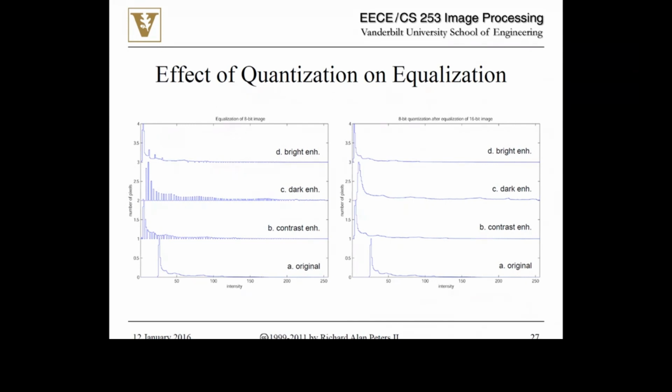So this image is smoother than this one, because there are no holes in the gray values. There is no jam, and there is a better use of all the domain that you are given. You are given 256 values, but here you are not using many of them. If you do the operation with 16 bits, you are using them.